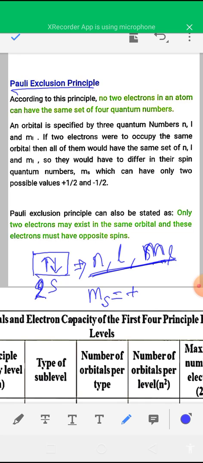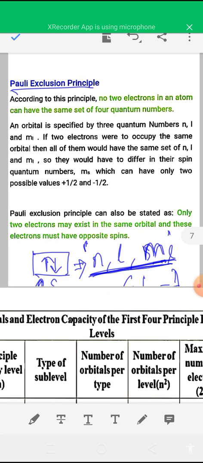For one electron, the spin quantum number will be plus half, and for the other, minus half. So three quantum numbers may be the same, but all the 4 quantum numbers will never be equal.